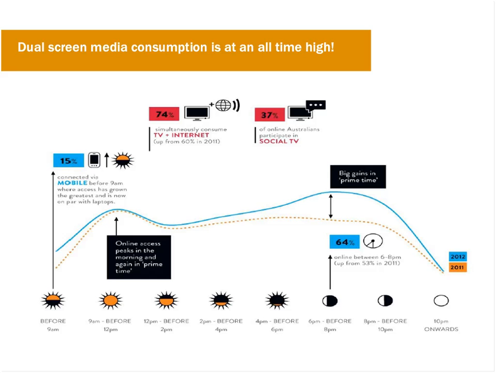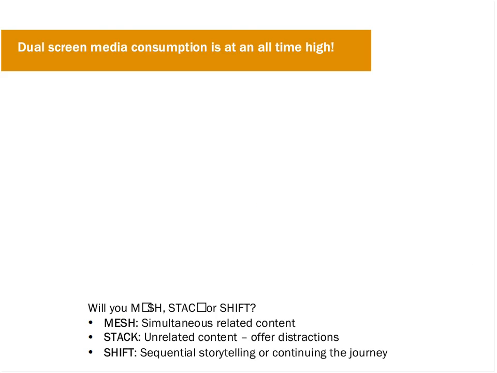So people are definitely engaging on Facebook in particular when they watch TV. Facebook's at the top of those alternate activities on the second device, followed by Twitter, YouTube and email.